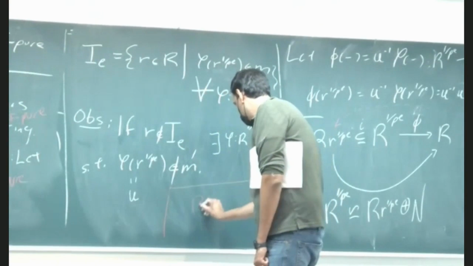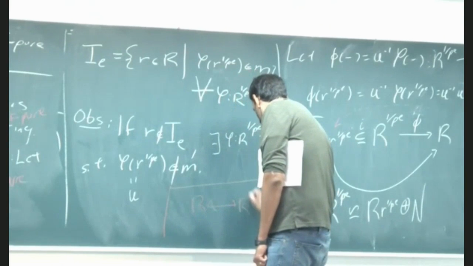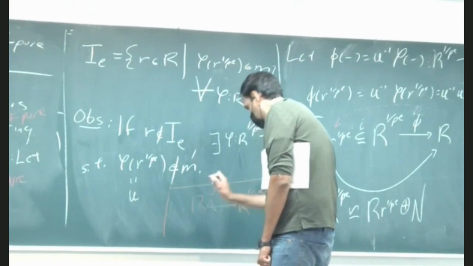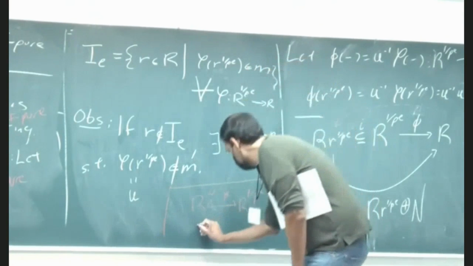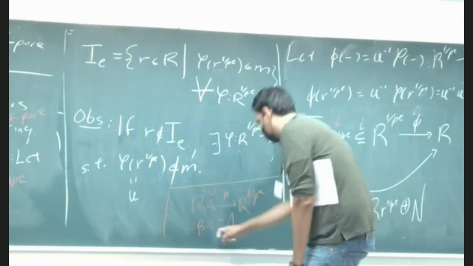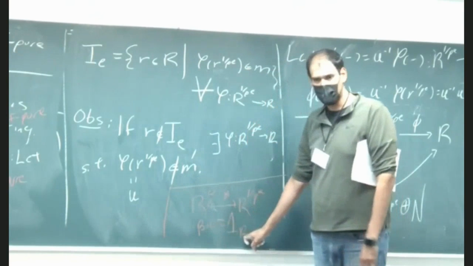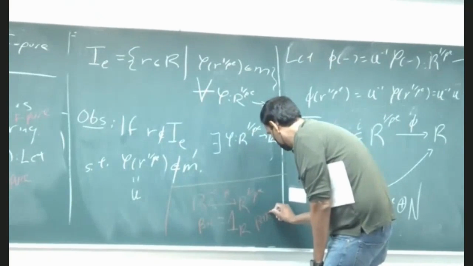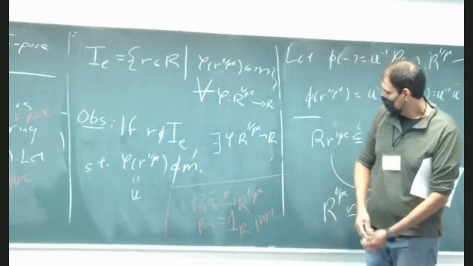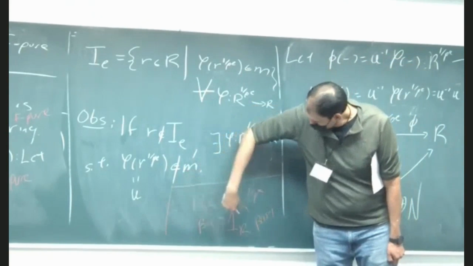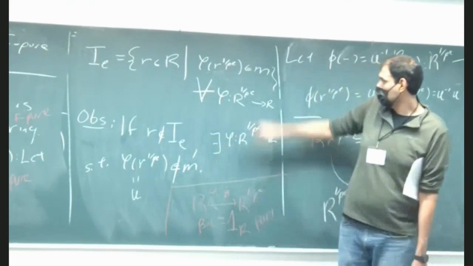What does pure mean? You have R, you have the inclusion into R^(1/p^e), and then we have a splitting back, beta. And beta composed with the inclusion is the identity. Evaluate this at 1. So this is telling us that beta of 1 is equal to 1. So there is a map from R^(1/p^e) to R that sends 1 to 1, which is outside the maximal ideal.